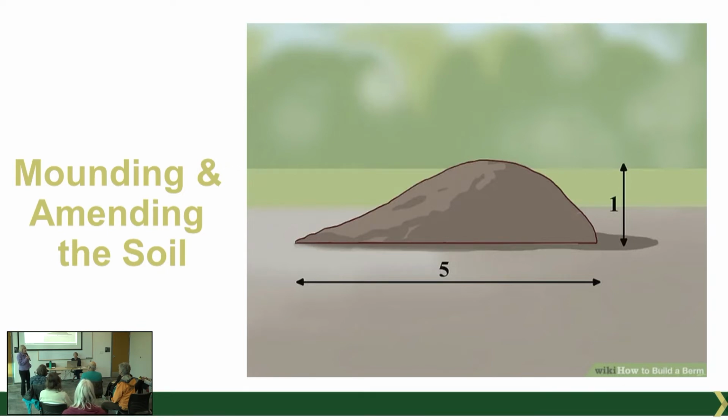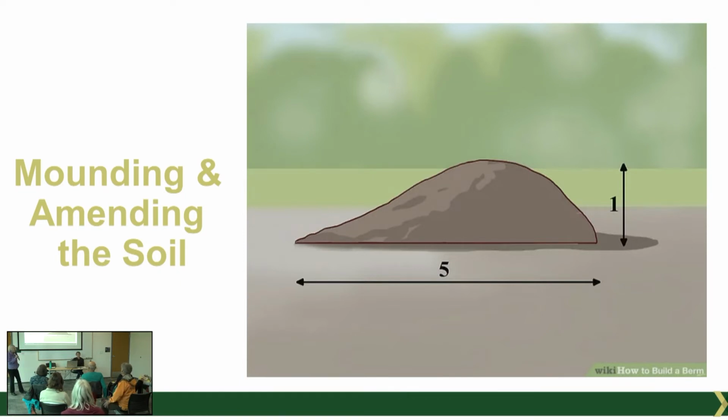And if they do, you can just do mounding. So you can just make your own mounds. If you do that, don't make it all out of compost. You do need some other dirt in there with it. So mix your compost with dirt and then do the mounding. And then plant on top or on the sides of it.